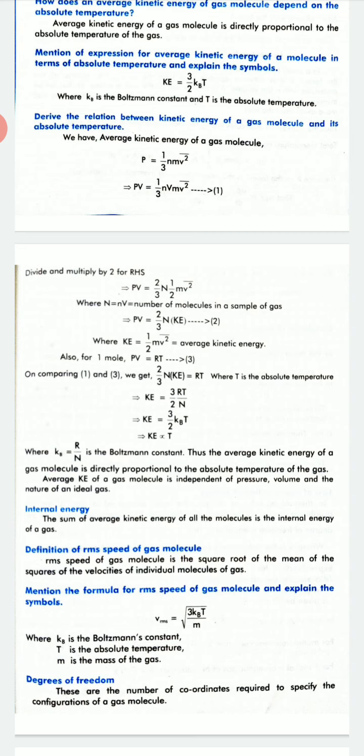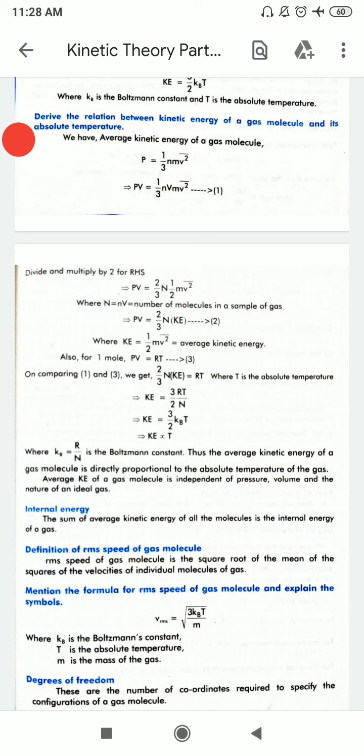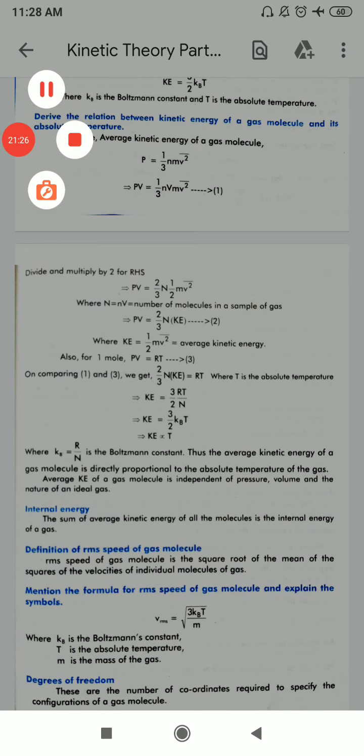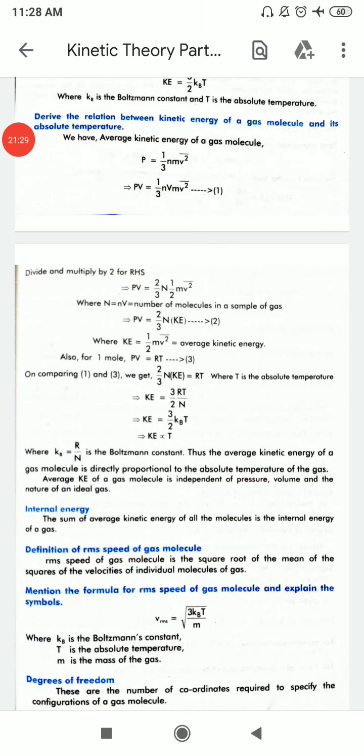So we'll see once again what is meant by internal energy. Internal energy is the sum of average kinetic energy of all the molecules. And after that, the definition of RMS velocity or RMS speed of the gas molecule: R means root, M means mean, S is square of velocity.